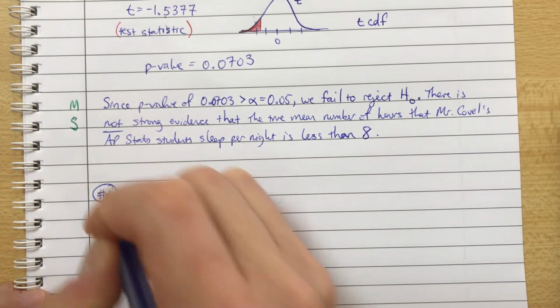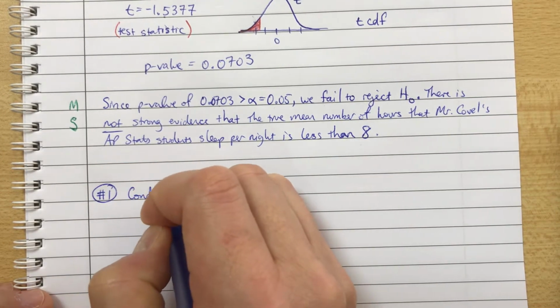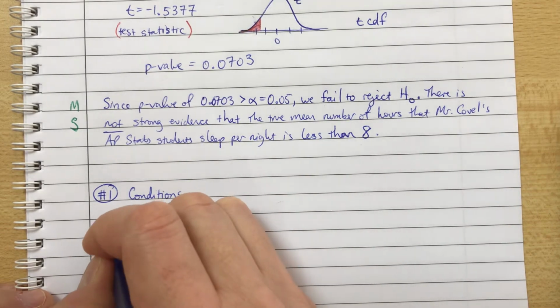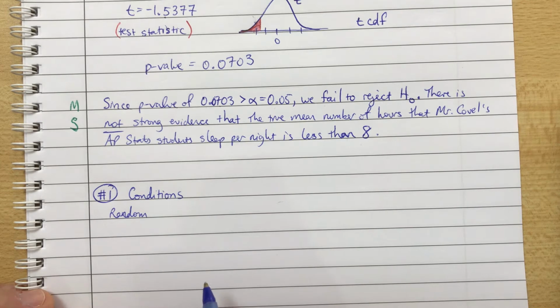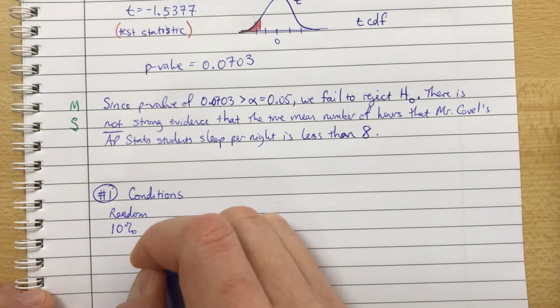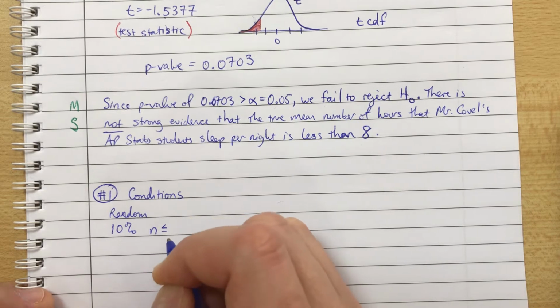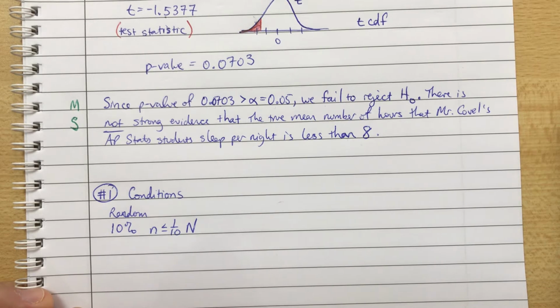So idea number 1 is we always have to check conditions. Always check conditions. So we need to have random, that allows us to generalize our values. We need to have 10%, or we have to assume independence, less than or equal to 1/10 of the total population.